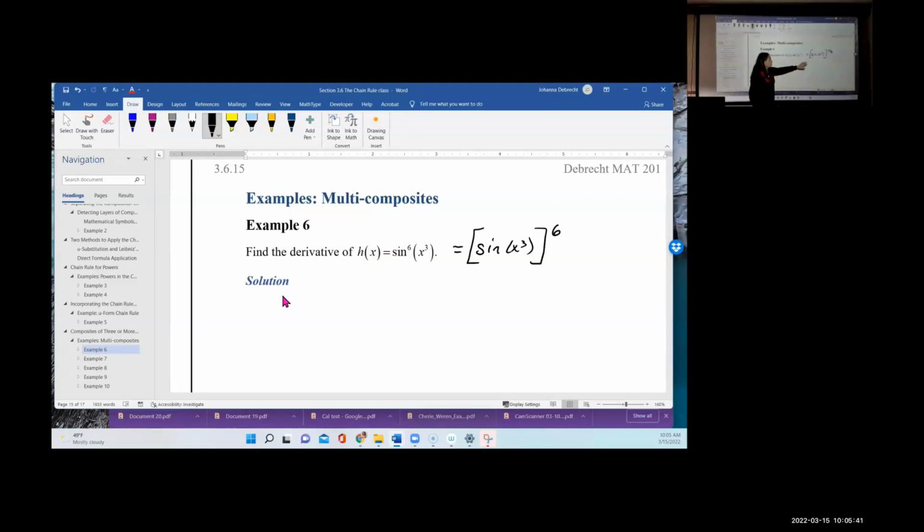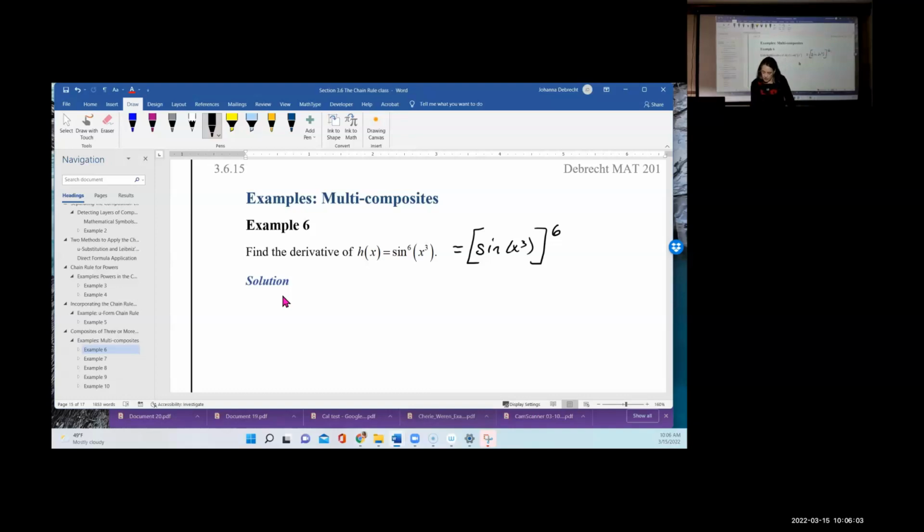And in this second form, it's a little more obvious that the 6th power happens after the sine happens. So that sine is happening before the 6th power. Because the 6th power is the last thing to be done, it's the outermost layer, all right?